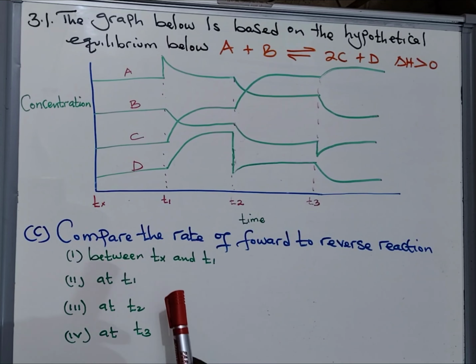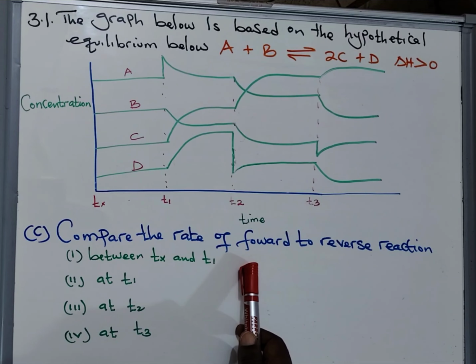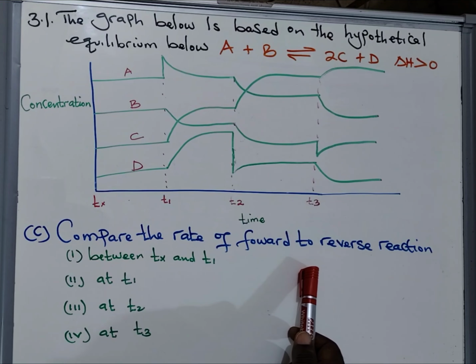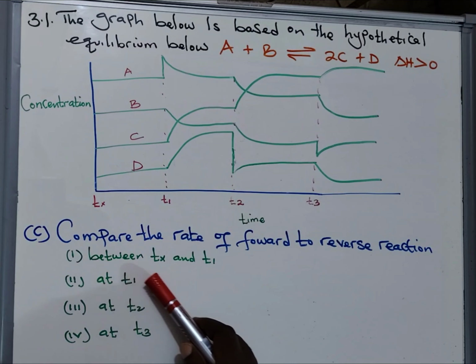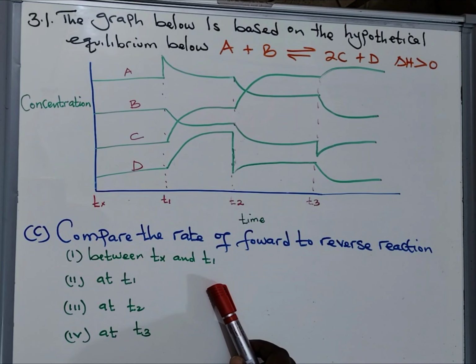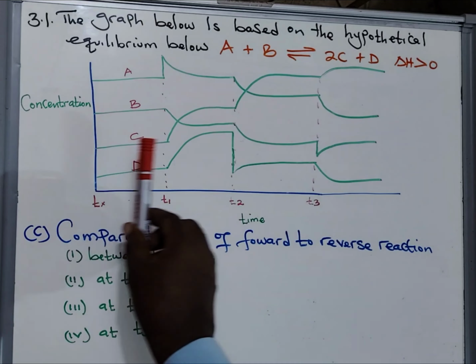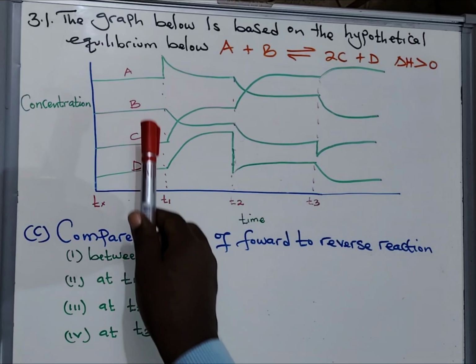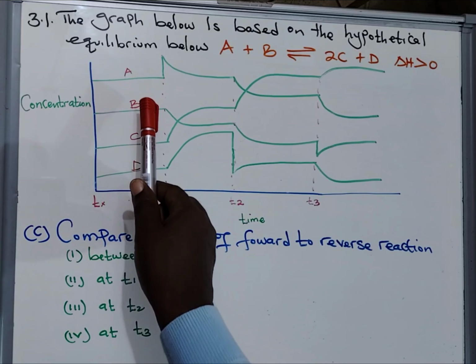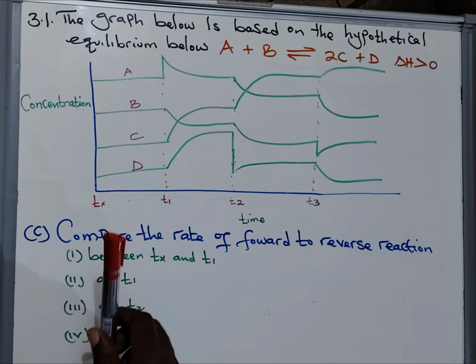It says, compare the rate of forward to reverse reaction between Tx and T1. So this is the range they are talking about. And how do you compare the rate of forward and reverse? What you have to see here is that these are horizontal lines.